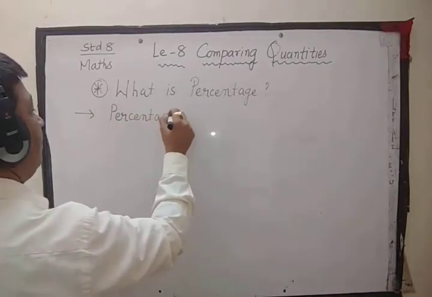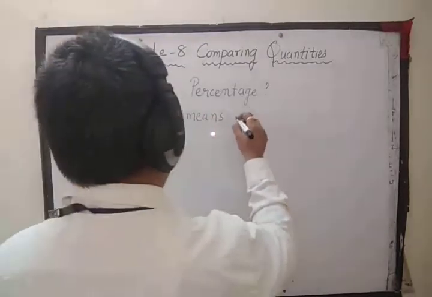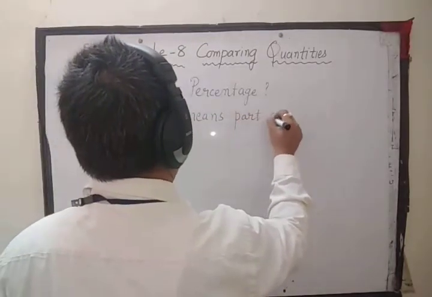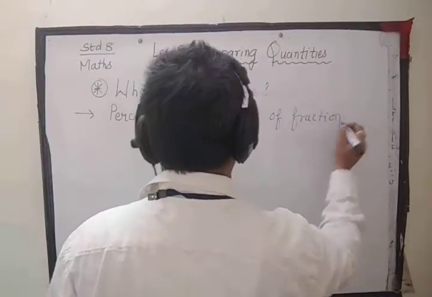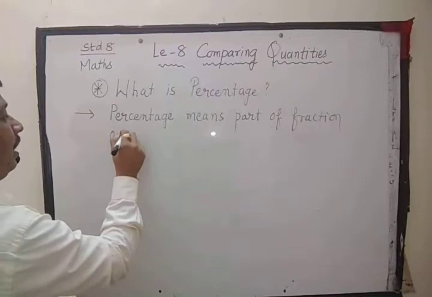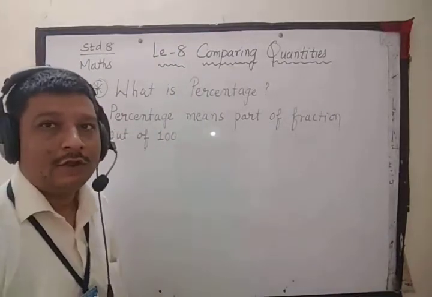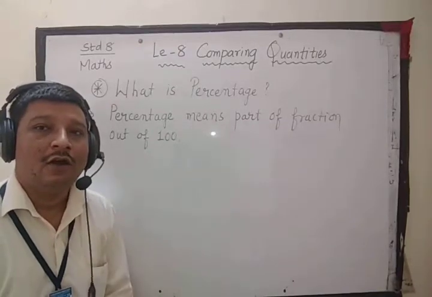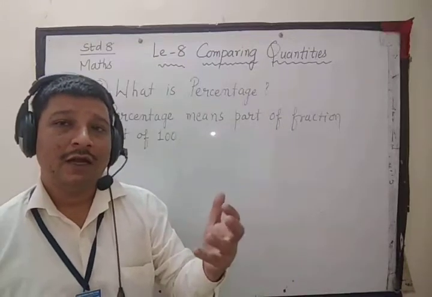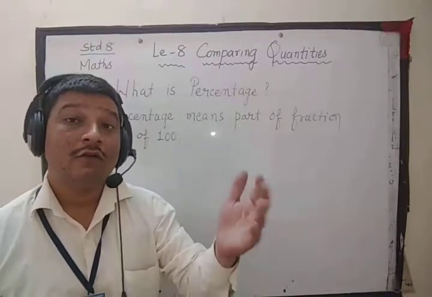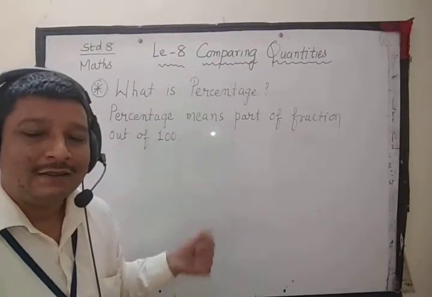Percentage means part of a fraction out of 100. So here you get an idea. Whatever part we are getting in fraction form out of 100 is considered as a percentage.